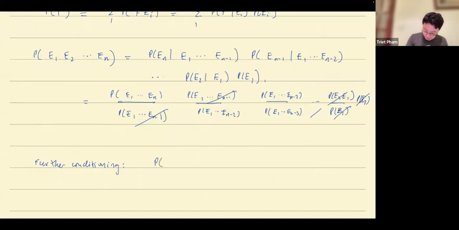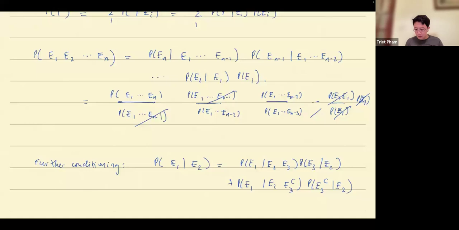Probability of E1 conditioned on E2 is probability of E1 conditioned on E2 and E3 times P of E3 conditioned on E2, plus P of E1 conditioned on E2 and E3 complement times probability of E3 complement conditioned on E2. All right. So this also can be viewed as a generalization of the law of total probability, but conditioned on E2.